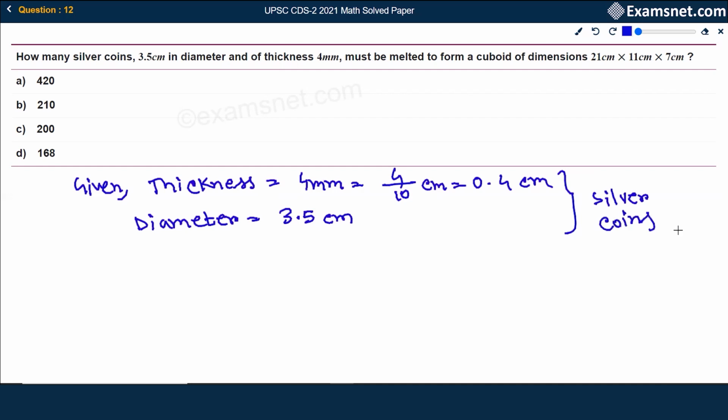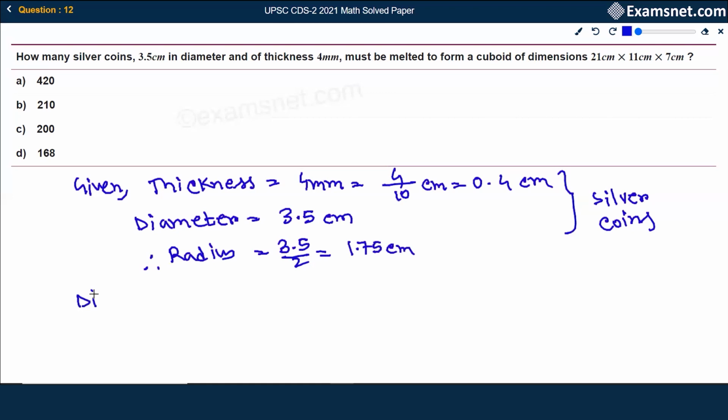Silver coins. Fine. Now, dimensions of cuboid. One more thing, let's find the radius also. Radius will be 3.5 by 2, so it will be 1.75 centimeter, right?